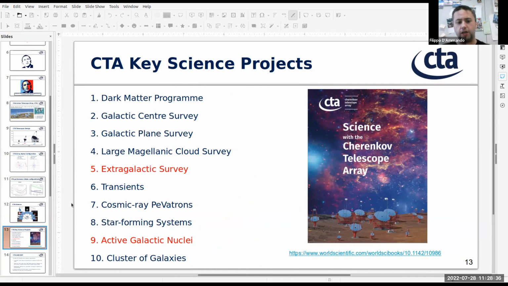Among the key science projects, there is one key science project on AGN and another on the extragalactic survey, in which most of the sources will be AGN. And here you can see a link to the science book of CTA.